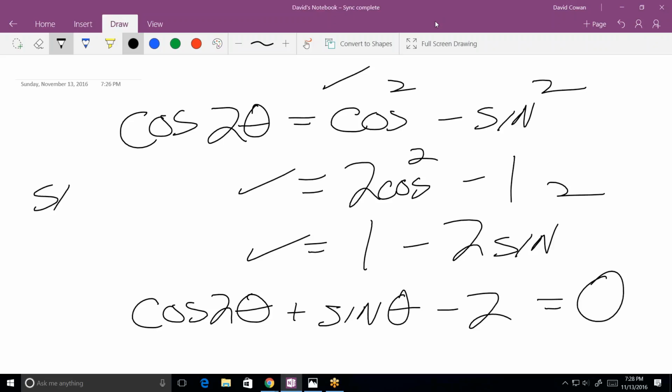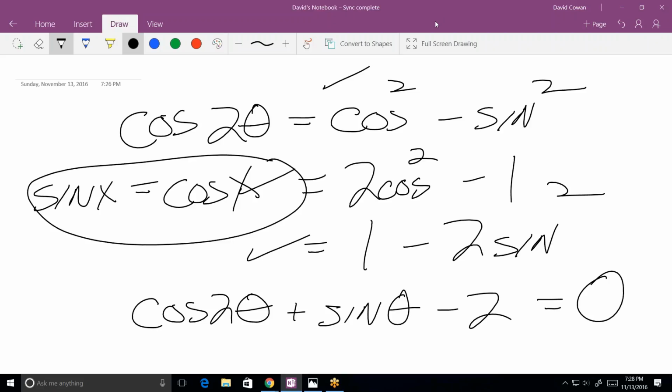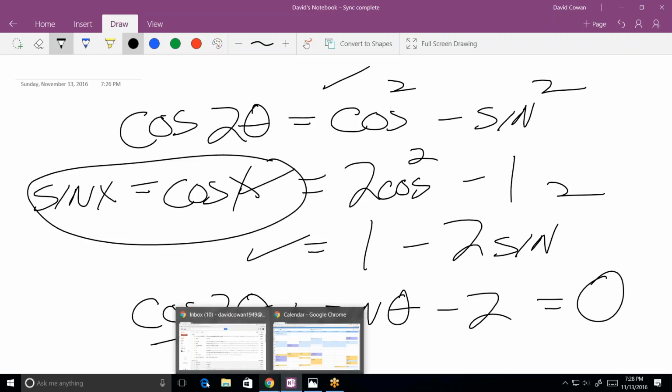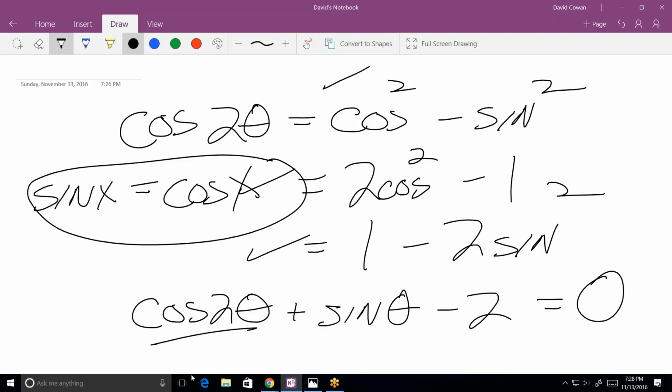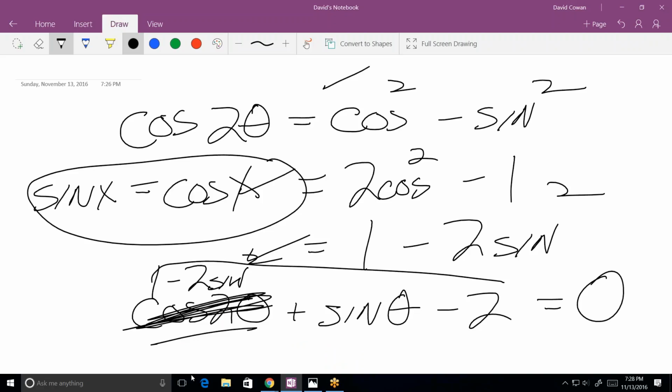If I have sine of x equal cosine of x, well, I happen to know that solution, but it's not that easy to figure out because I have 2 different trig functions. But by using that third identity, I'm going to be able to make this say 1 minus 2 sine squared, and now I have a quadratic.